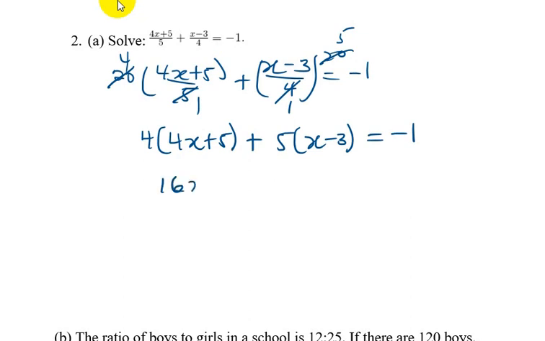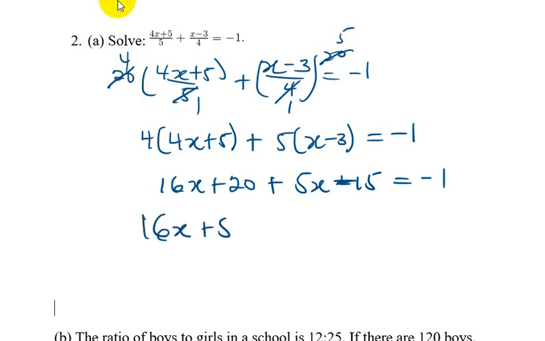Then we multiply. 4 times 4 is 16x plus 20, another plus 5x minus 15 being equal to minus 1. So we group them. So 16x plus 5x being equal to minus 1 minus 20 plus 15. So we're going to get 21x being equal to, now minus 1 minus 20 is minus 21.